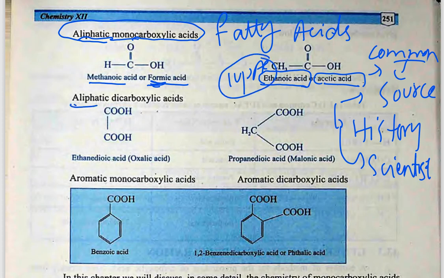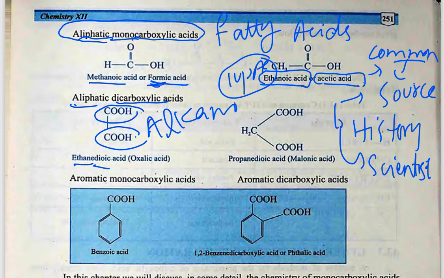Aliphatic dicarboxylic acid, there are two carboxylic acid groups, one above and one below, and this is called ethanedioic acid. These are also known as alkanoic acids. Very simple, all carboxylic acids are called alkanoic acids. Ethanedioic acid is commonly known as oxalic acid, and this one is also a dicarboxylic acid containing 3 carbons.